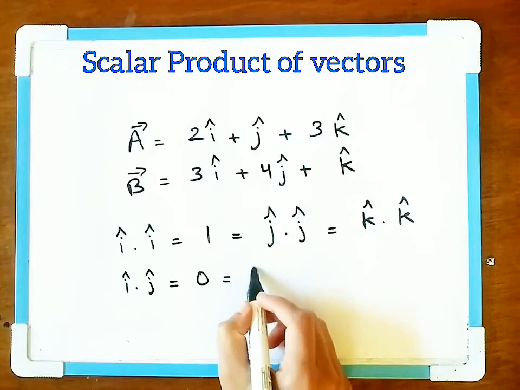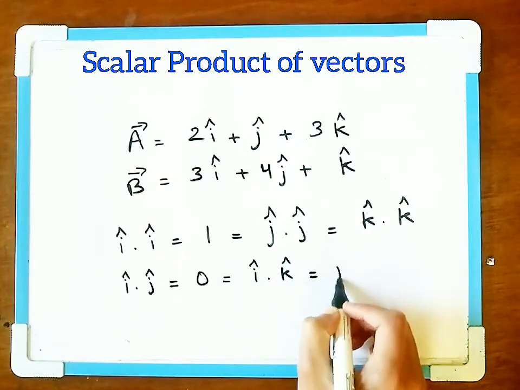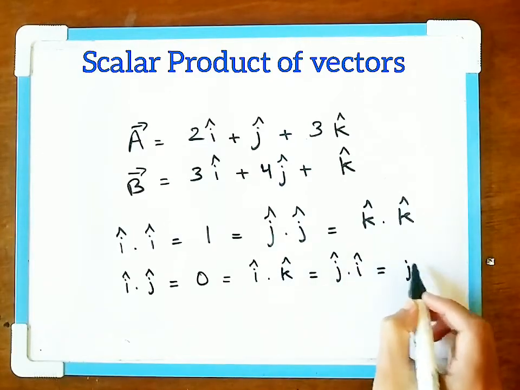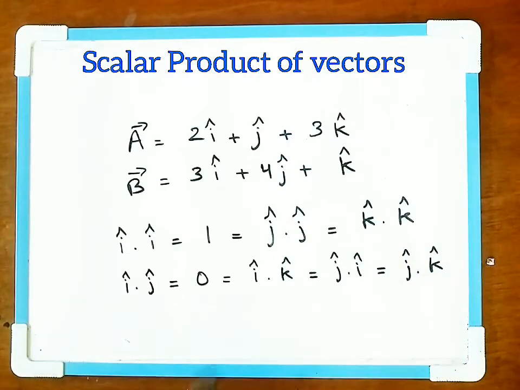Similarly with i dot k, similarly with j dot i, similarly with j dot k, and also with k dot i, and then k dot j. These all will be equal to 0.